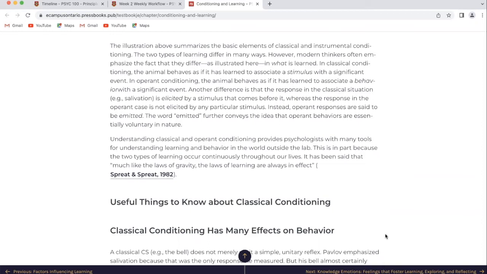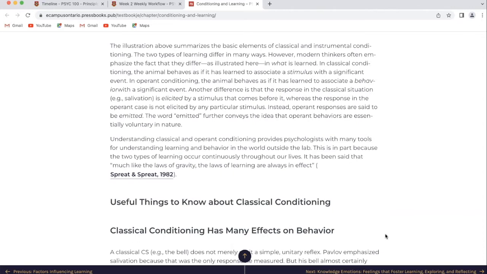Another difference is that the response in the classical situation, salivating, is elicited by a stimulus that comes before it, whereas the response in the operant case is not elicited by any particular stimulus. Instead, operant responses are said to be emitted. The word emitted further conveys the idea that operant behaviors are essentially voluntary in nature.